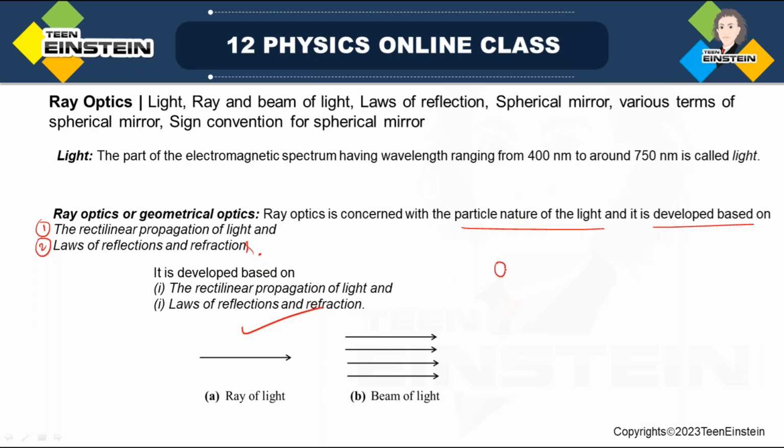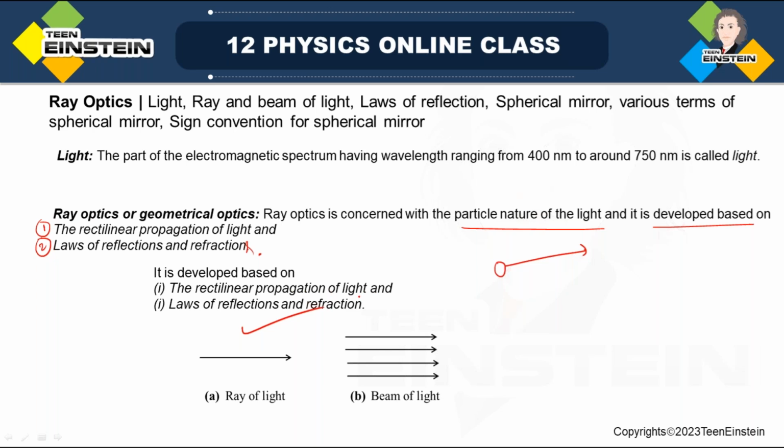A classical particle, if you throw it, will move in a straight line, right? So if we think that light is composed of some particles, then while propagating, it will propagate along a straight line. That is called the rectilinear propagation aspect of light.